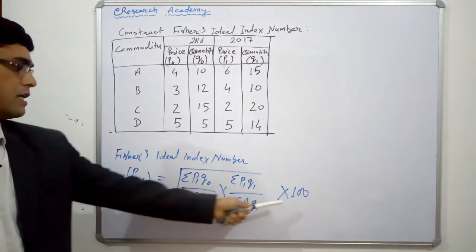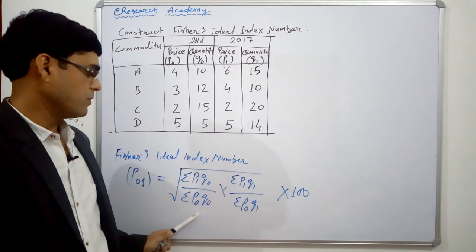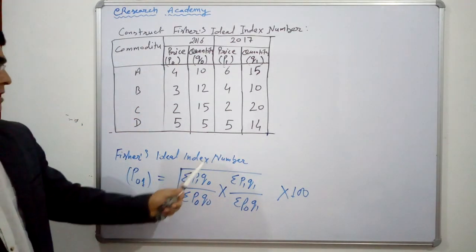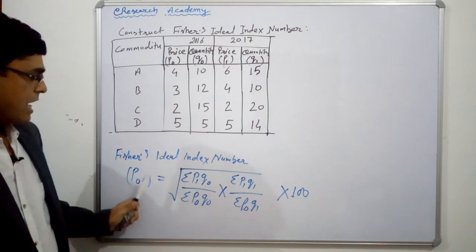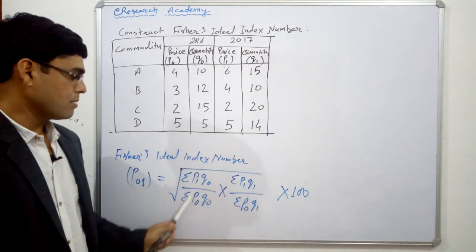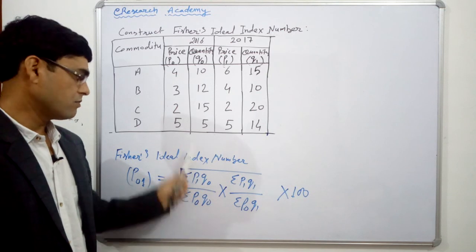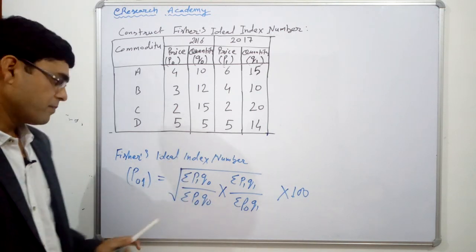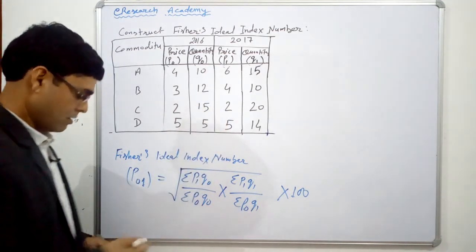This 100 is outside of the square root. So we have to make these 4 columns to get the answer of this question.